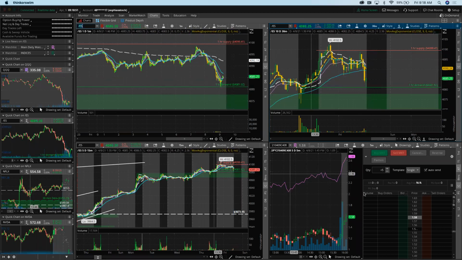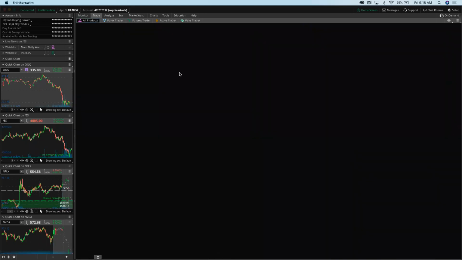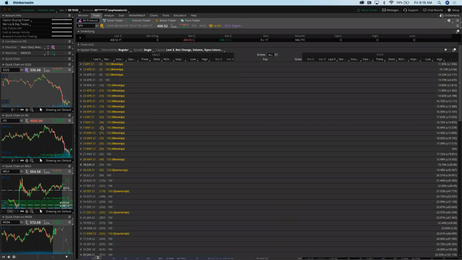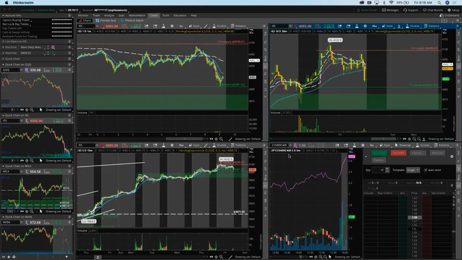As you guys see here, I use Active Trader to trade. I have 2 screens. The contract box, the trade box, is actually detached on my second screen, so that way I can always keep an eye on SPY, on the chart, and see what's happening in real time.